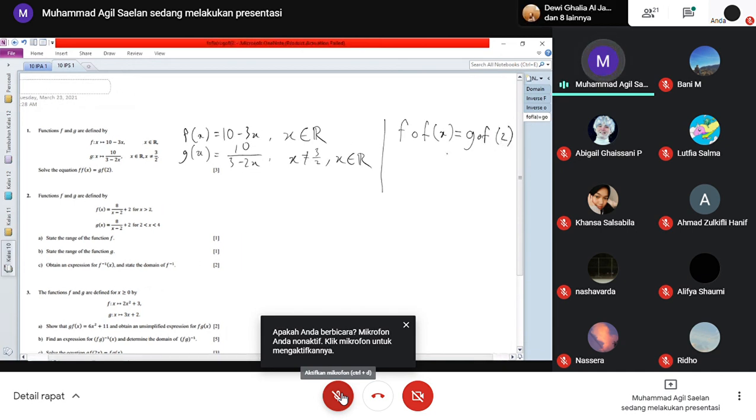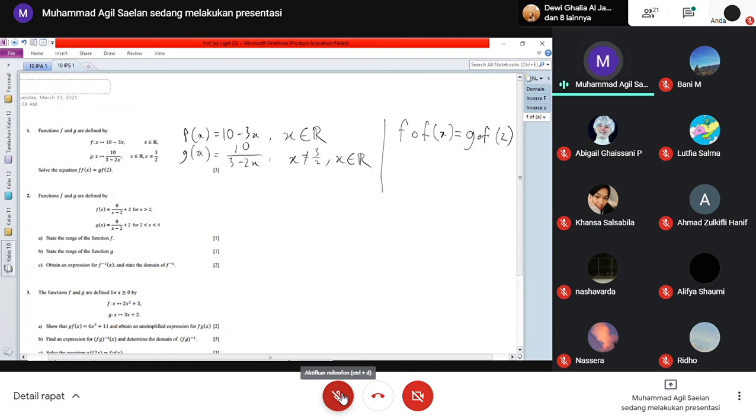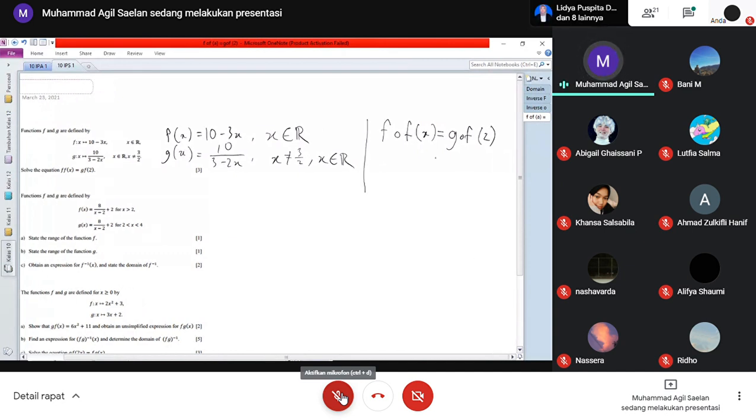On the left-hand side we have a function, but on the right-hand side, because x equals 2, we'll have a number, a value. So let's find both compositions.